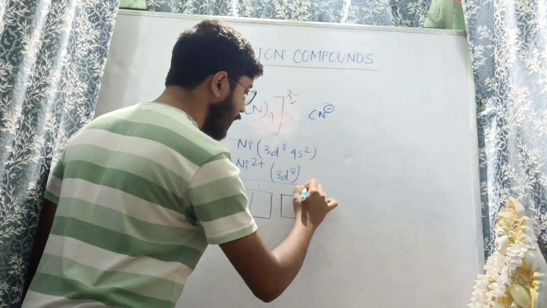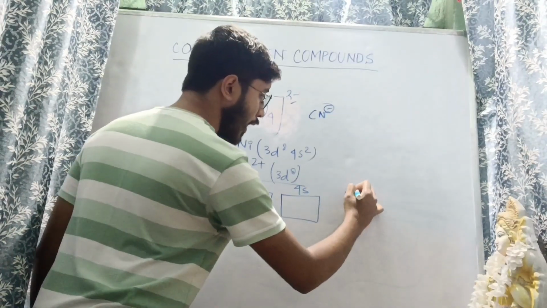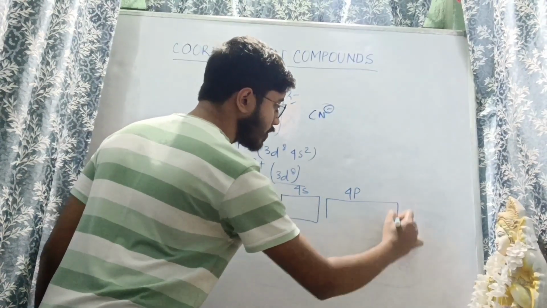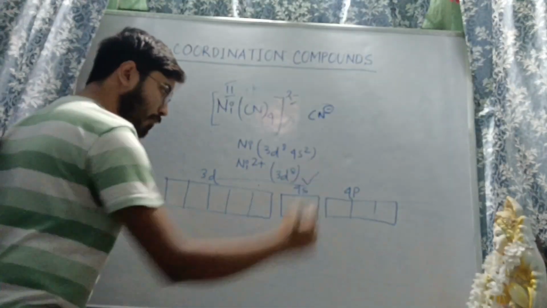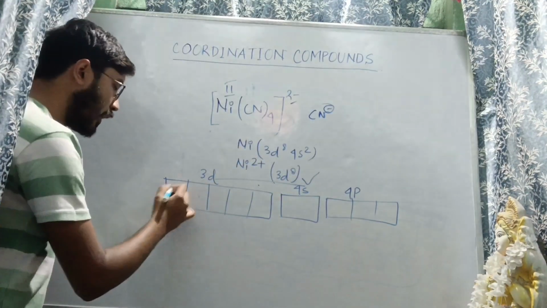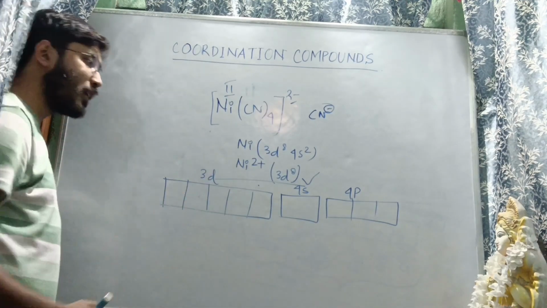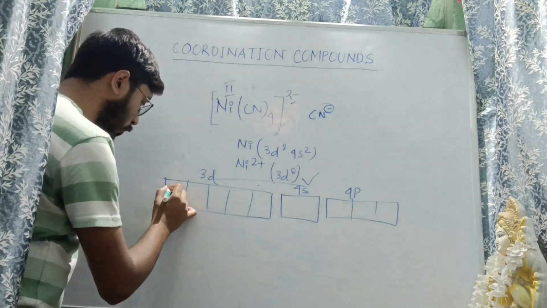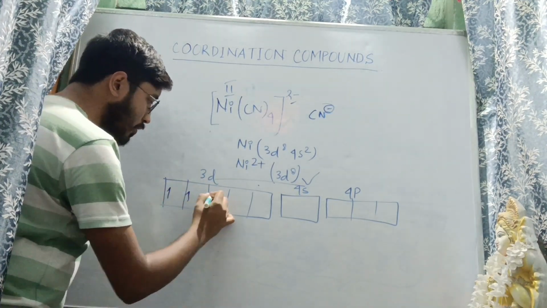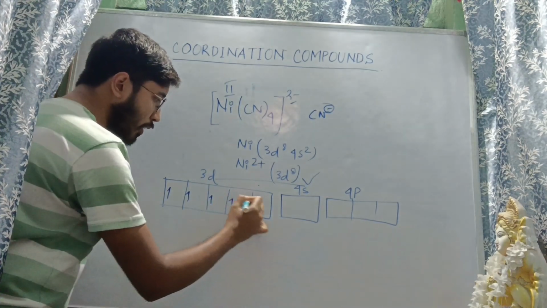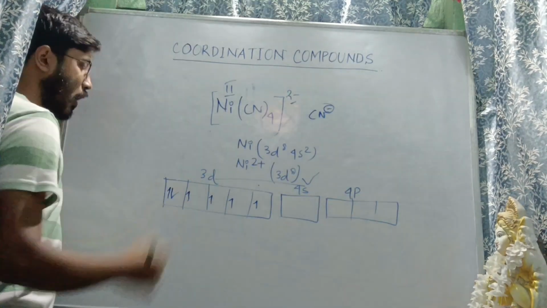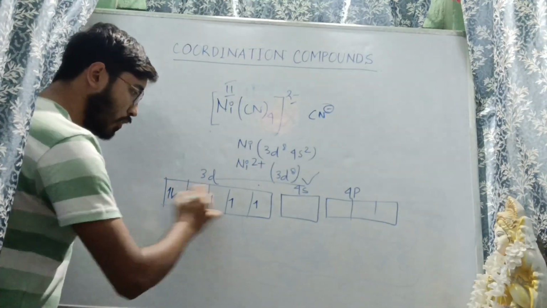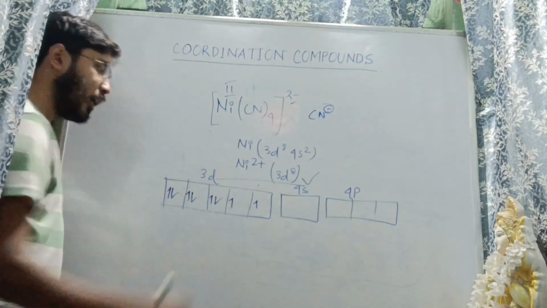Then the 4s orbital is vacant and the 4p orbitals are also vacant. So for 3d8, electrons are paired according to Hund's rule. Means at first electrons are singly filled, and then paired, 6, 7 and 8.